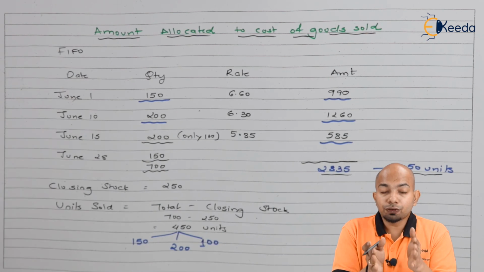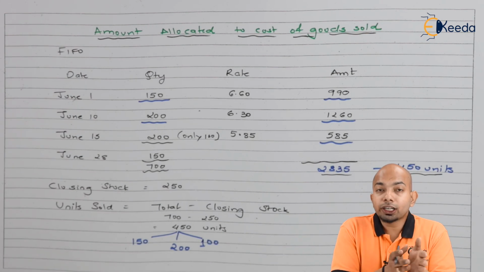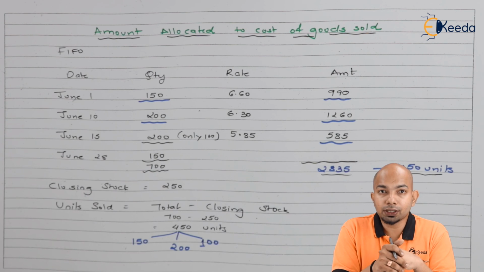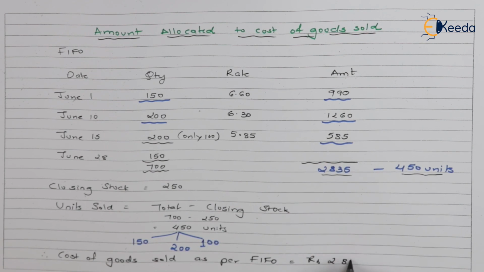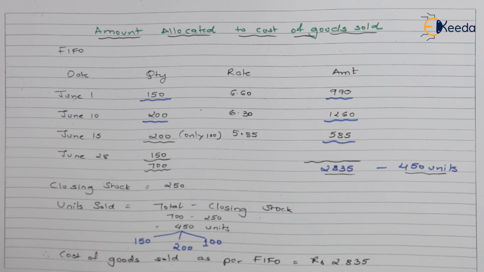Therefore, the cost of goods sold, that means 450 units as per FIFO method, will be 2835 rupees here. So that is the answer that we are looking for.